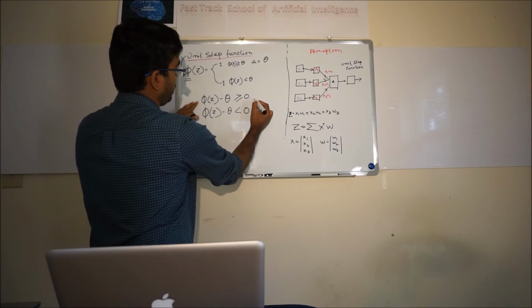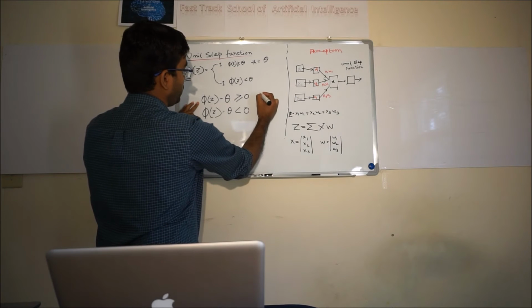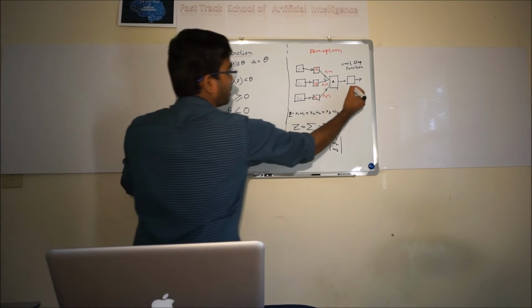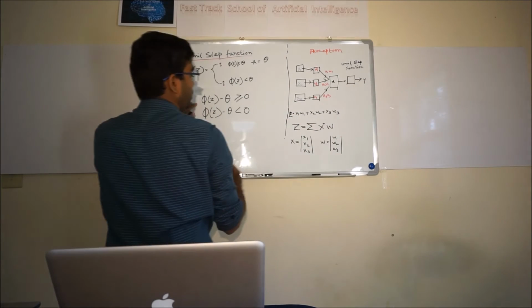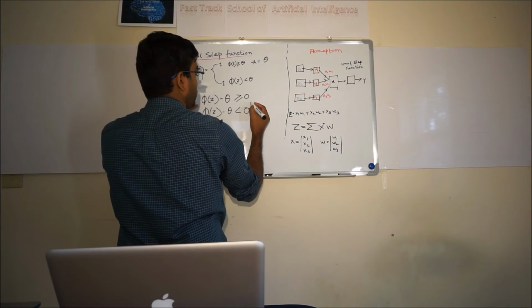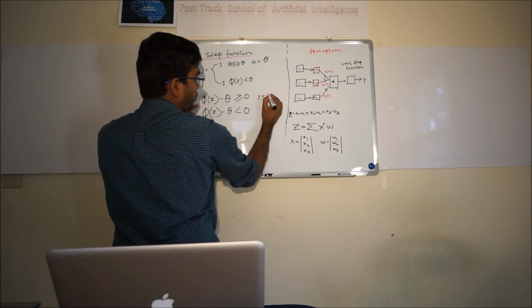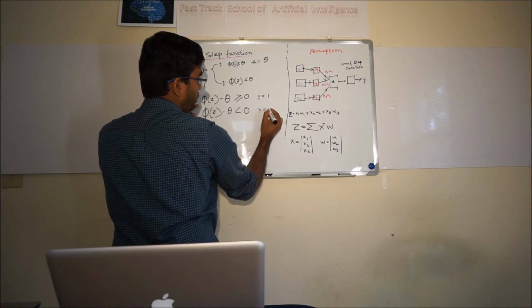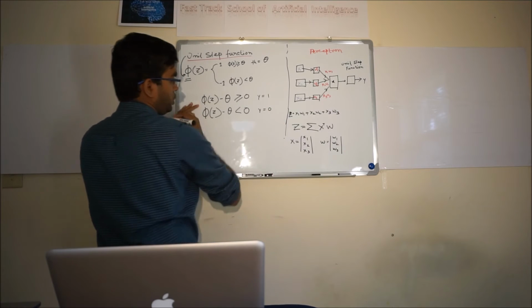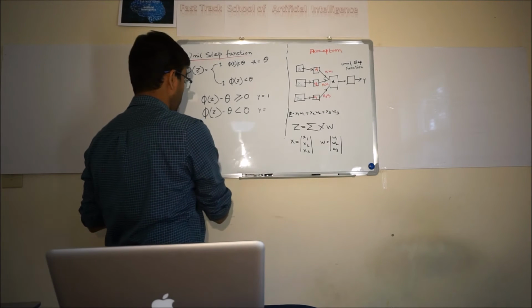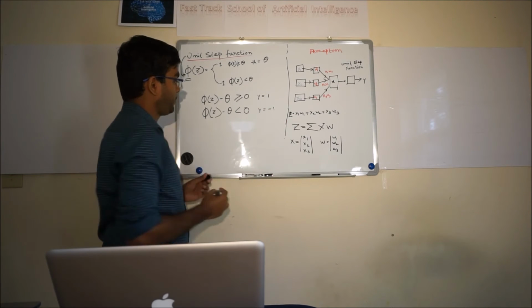If this particular thing happens, then we'll get this output term, let's term it as y. Okay? We're getting y equal to 1, y equal to 0. Sorry, y equal to -1. Alright?